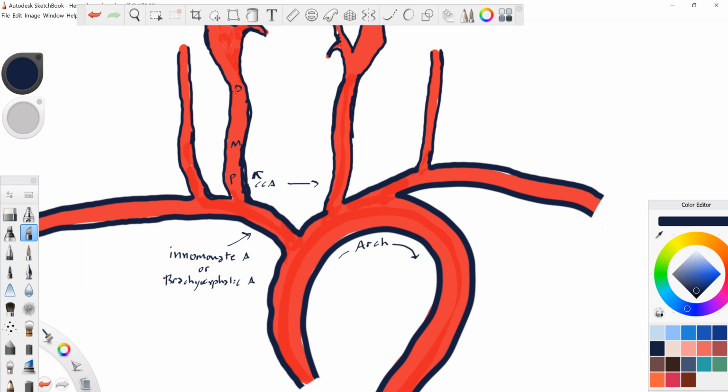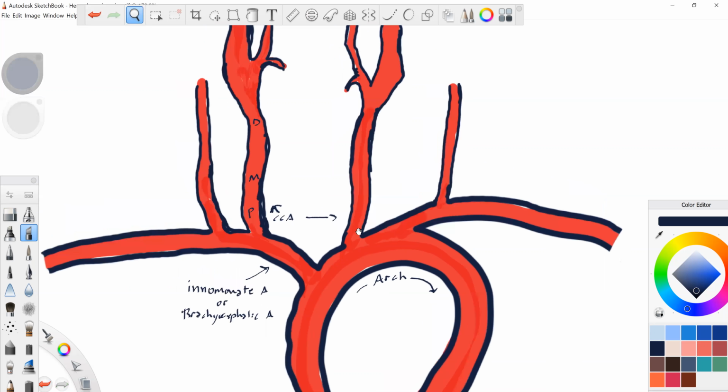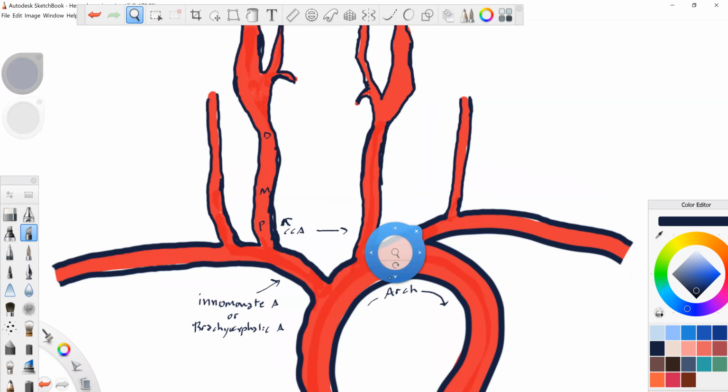So that's all CCA, common carotid artery. And if we're doing the exam, that's kind of where we start usually. Subclavian starts right there. It starts when the common carotid artery comes off. Of course, that's going to feed the arm.